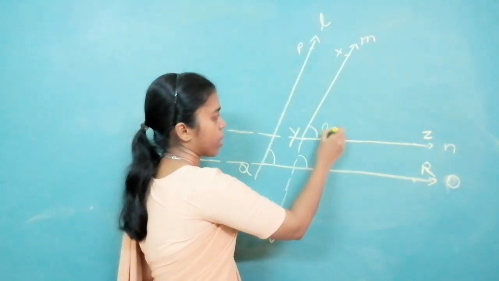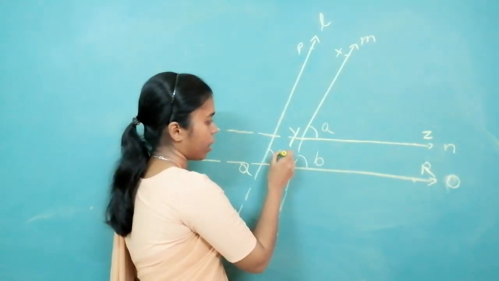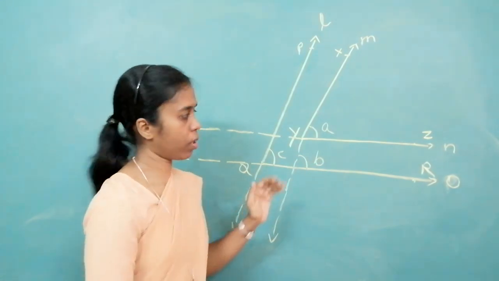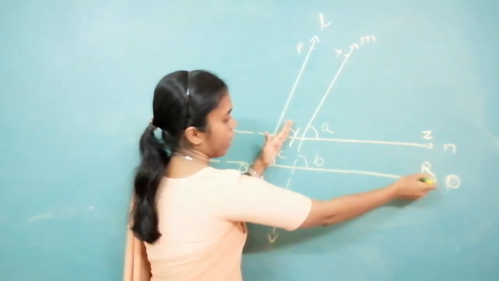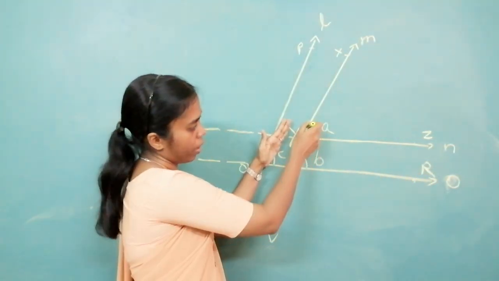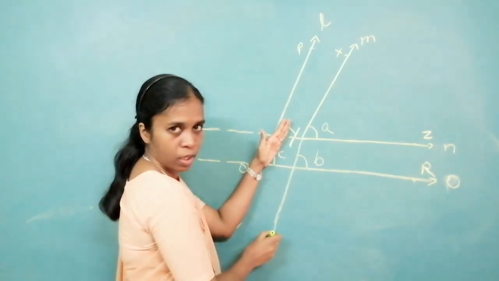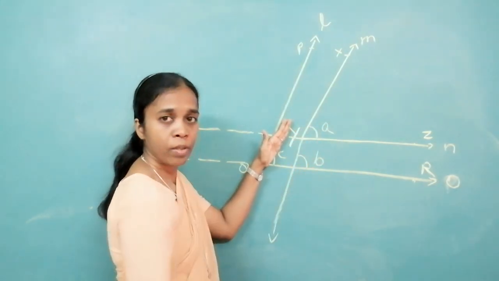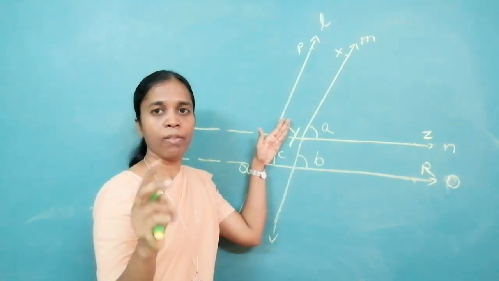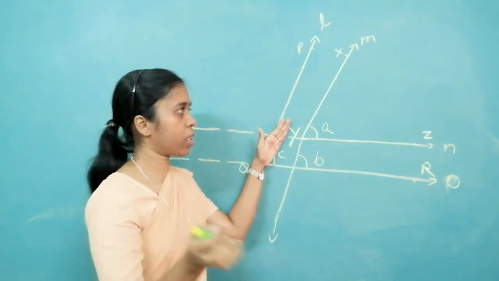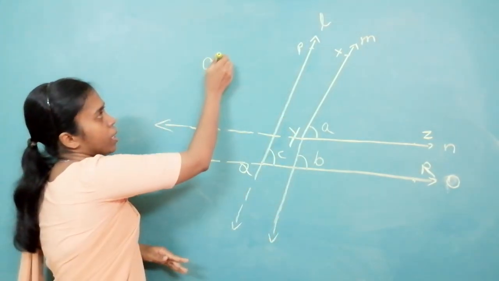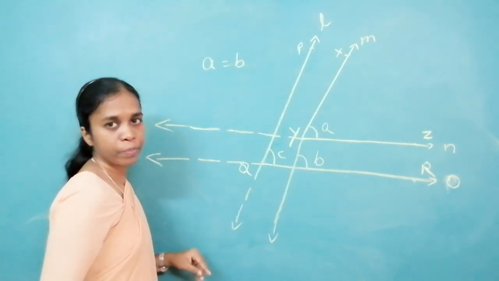Suppose I name this as A, this as B, and this as C. Now, this and this are parallel. I have this as my transversal. What can I say about A and B? Corresponding angles. If lines are parallel, corresponding angles are congruent. So I can write it as A is equal to B.